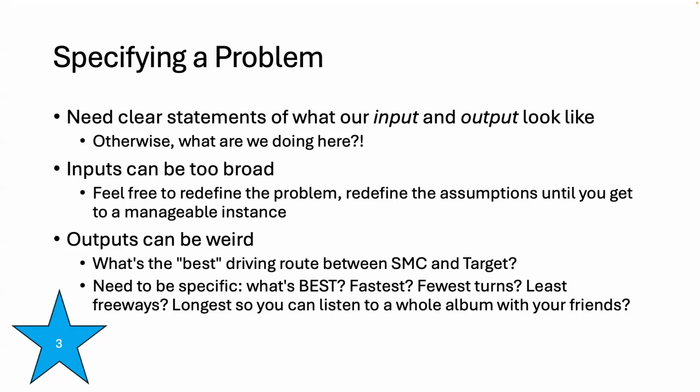But in this case, we would need to be specific, because the best could be the fastest, or it could be the least amount of turns, where you stay on the same road for as long as possible. You could say maybe the best route is not using the freeway, so not getting on 24.